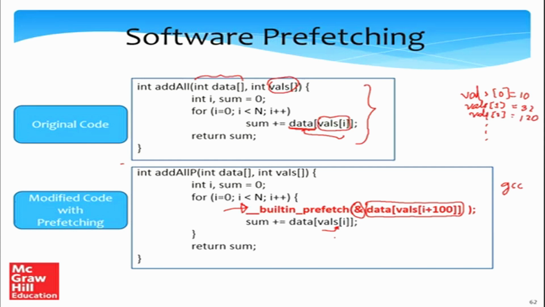Particularly, this pattern is hard to prefetch in hardware because the hardware has to guess that all the indices that are going into the data array are actually coming from another array called vals. That's pretty difficult for the hardware to guess, even though it is possible. There are research works in that respect. But doing this in software is still easier.